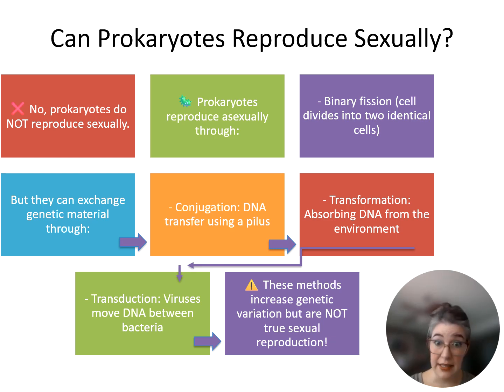They reproduce asexually through binary fission, where they're splitting into two identical cells. However, that's not the only way prokaryotes can reproduce or replicate. They can exchange genetic material, and that sounds like sexual reproduction, but it's not real or true sexual reproduction.